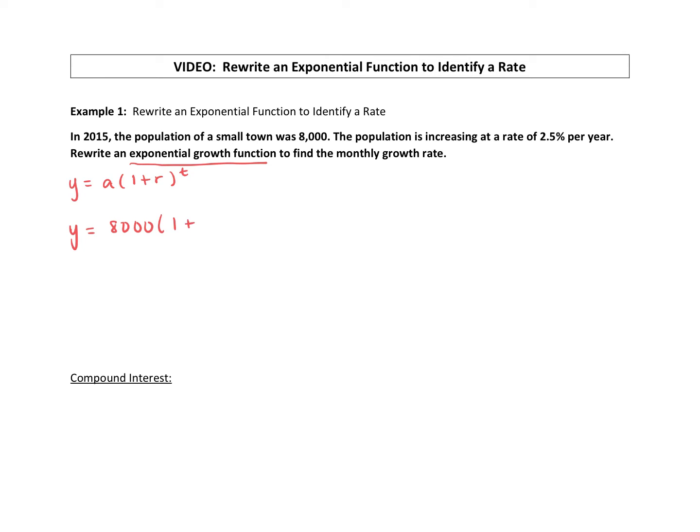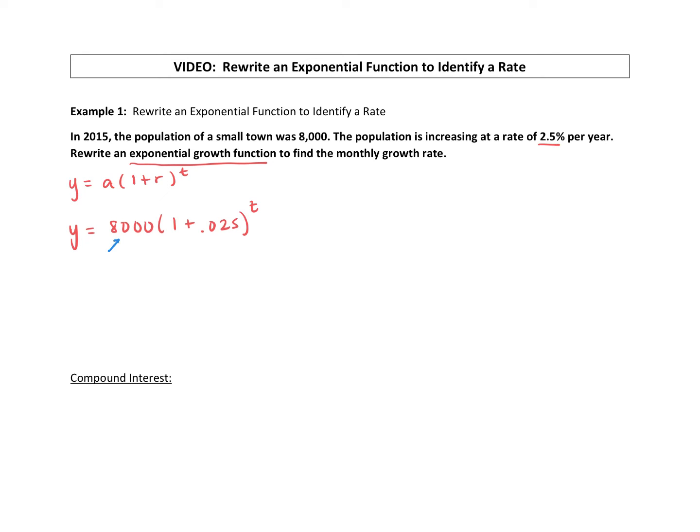1 plus r, where r is the growth rate as a decimal, so that's 2.5%, but we're going to turn that into a decimal and have 0.025. And then t is our number of years, which we don't know, so we're going to leave that as t. Let's identify a couple of things we just said and make sure we have them in our notes.